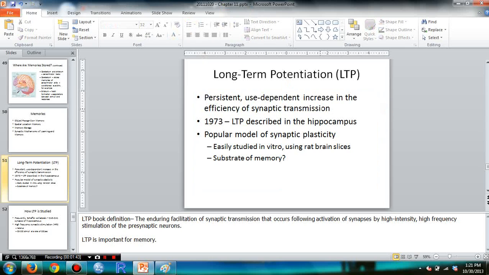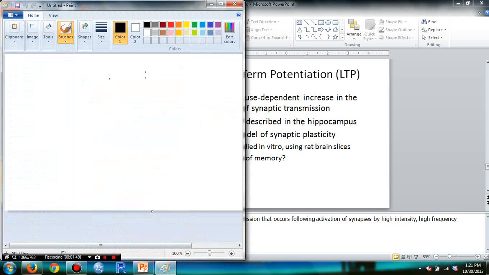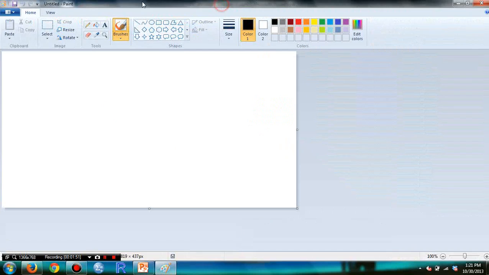And you remember that a synapse, here's your synapse, right? So there's your presynaptic cell, there's your postsynaptic cell. The presynaptic cell fires, neurotransmitter gets released into the synaptic cleft. That neurotransmitter then binds to a receptor.